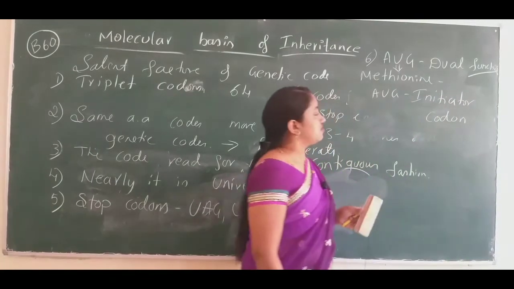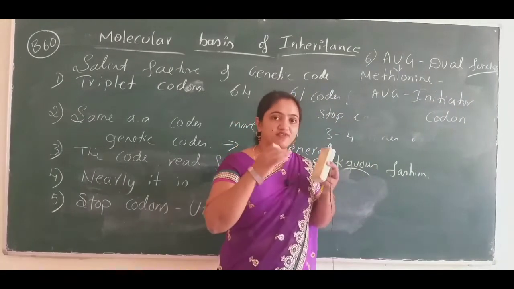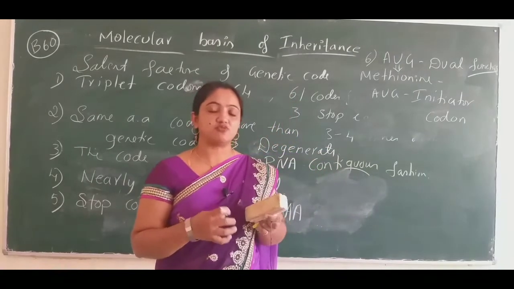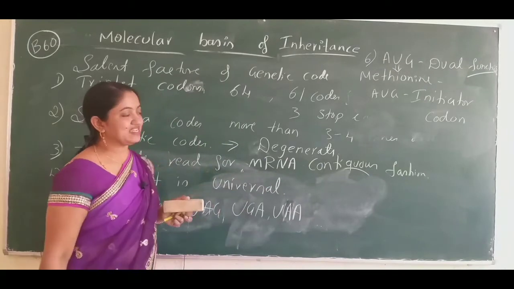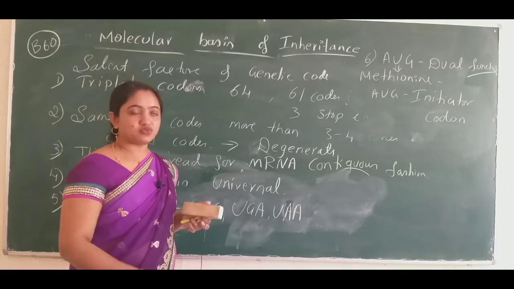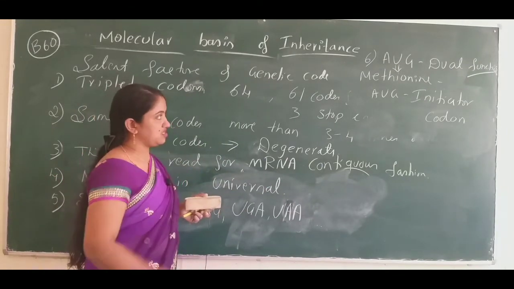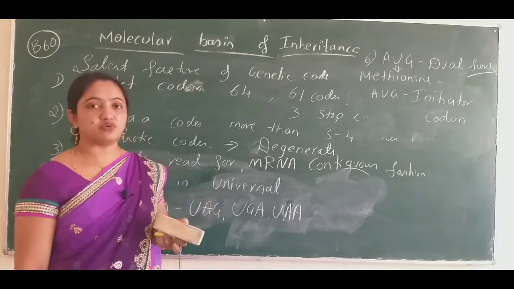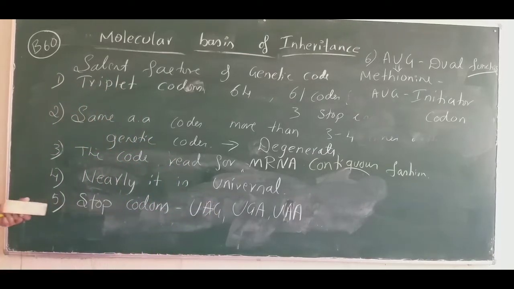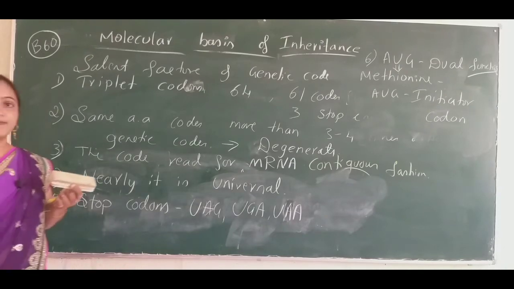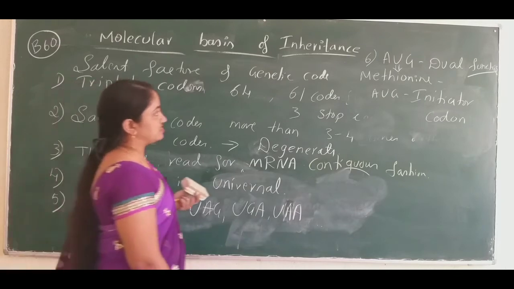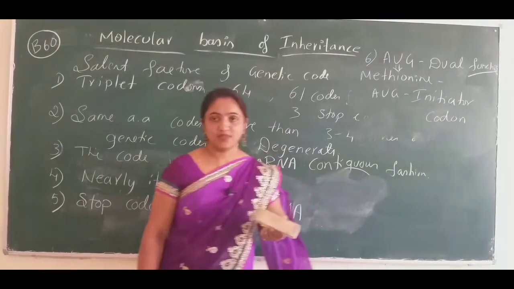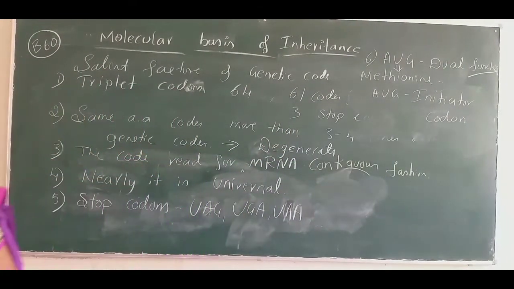Wherever it is present, from there the translation process occurs. That's why it is known as the initiator codon, and also it is coding for the amino acid methionine. So these are all the 6 salient features you have to remember, and you have to answer if they ask in the examination.